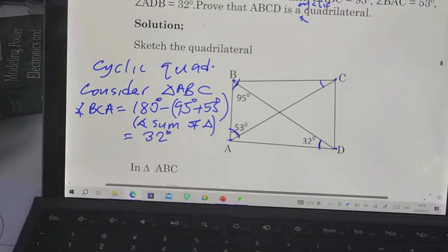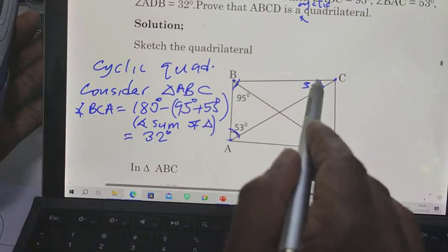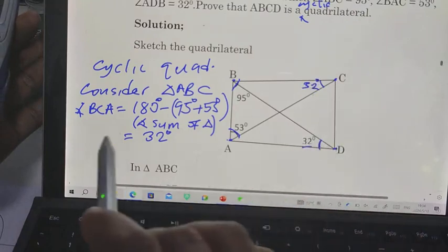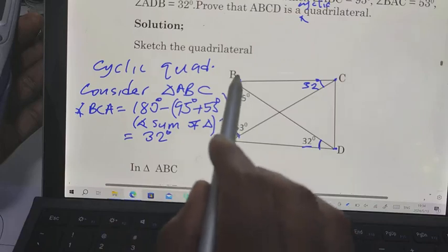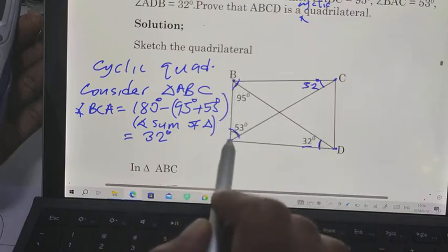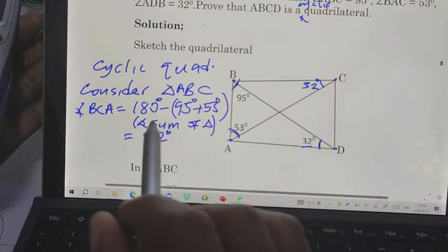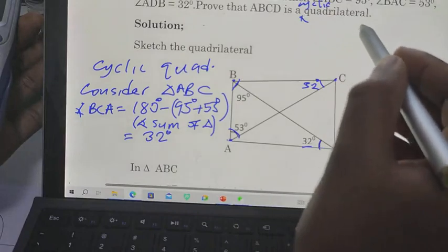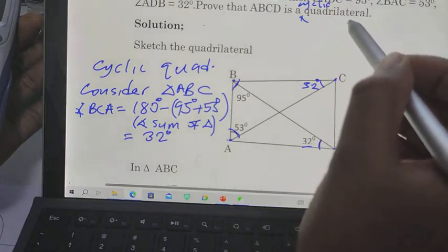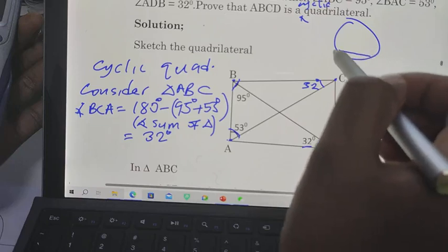Now, reaching this far, you will see this 32 degrees that we have found. In other words, if you look at them, all these angles are coming from the same line AB. If you remember, in circle geometry there was an arc.